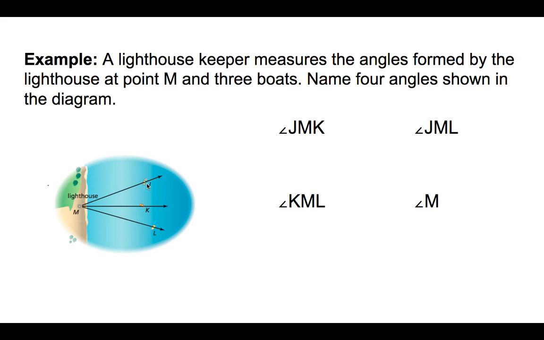So I can go from boat J to the lighthouse to then boat L. I could go KML, so that means going from boat K to the lighthouse and then to boat L. And then I can just refer to this whole entire angle as angle M. But notice if I say angle M, that means I'm going from line segment MJ all the way to line segment ML. So I'm referring to the whole entire angle when I say angle M.